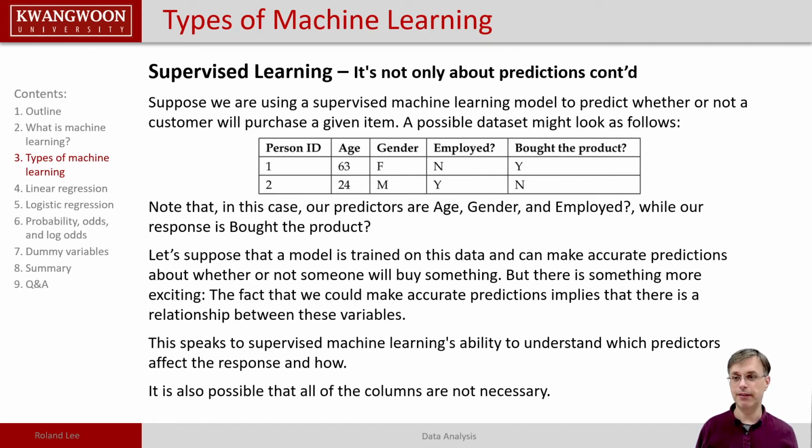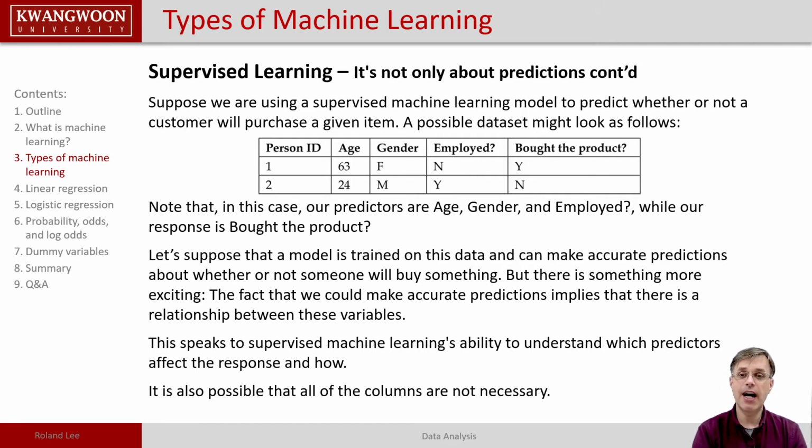This speaks to supervised machine learning's ability to understand which predictors affect the response and how they do that. So for example, are women more likely to buy the product? Which age groups are prone to decline the product?